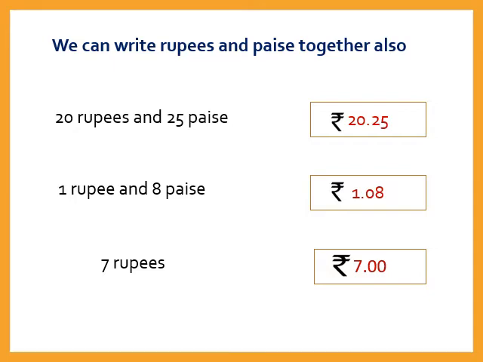The figure on the left of the point is the number of rupees and the figure on the right of the point is the number of paise. When paise are not mentioned, we write 2 zeros after the dot. When we put a dot, we do not write paise.